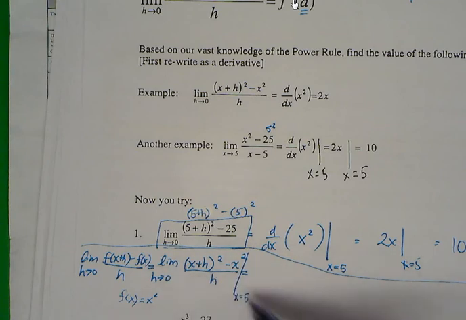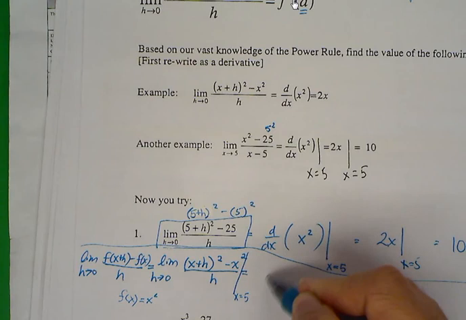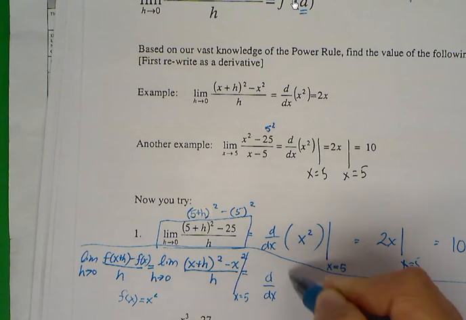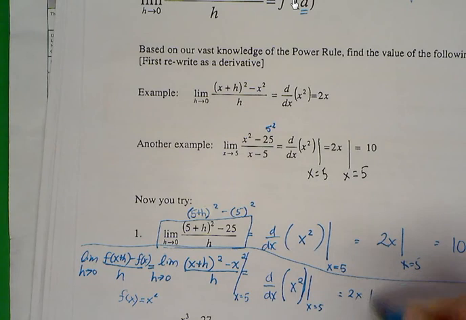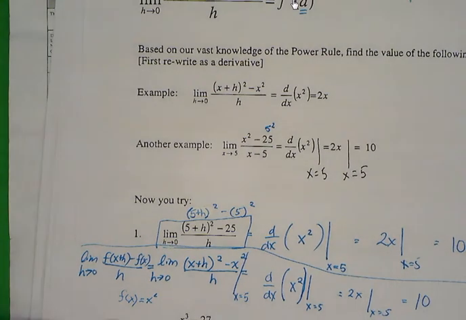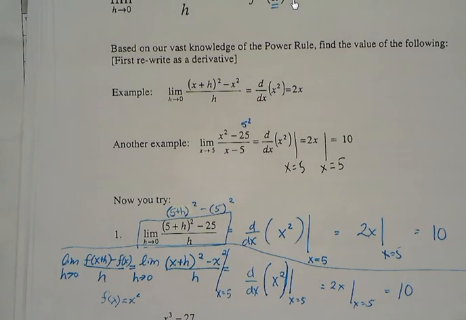But we know that this definition of a limit is for the derivative. So this is really the derivative of x squared at x equals 5, which is 2x, which is 10. Is that okay? No?